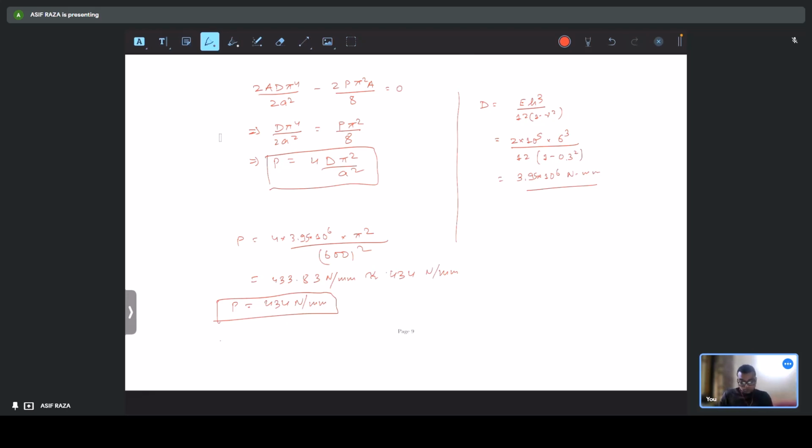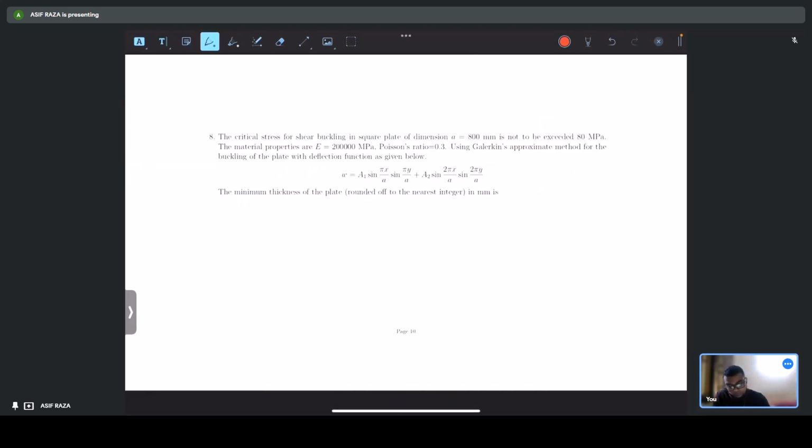Okay, next question. The critical stress for shear buckling in a square plate of dimension equal to 800 mm is not to be exceeded 80 MPa. The material properties are Young's modulus is 2 into 10 power 5, Poisson's ratio is 0.3.